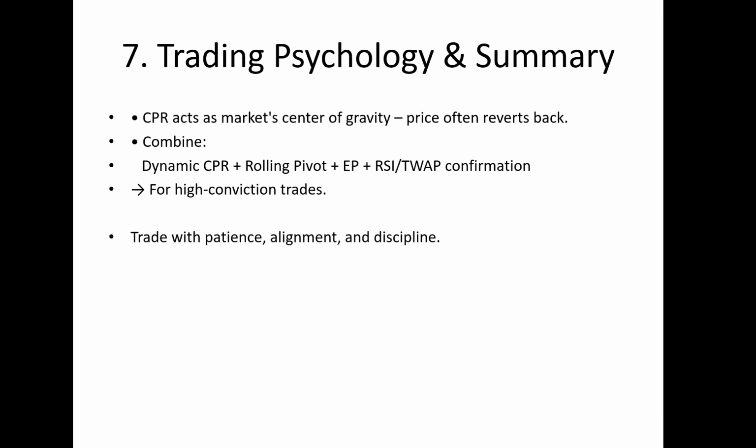If all of them align, definitely you are going to win. I have told you in my previous video about the rolling pivot 1, 2, 3, 4 alignment. Like that, here also CPR, rolling pivot and episodic pivot alignment will give you an edge. Super trade. You are going to win in that trade.